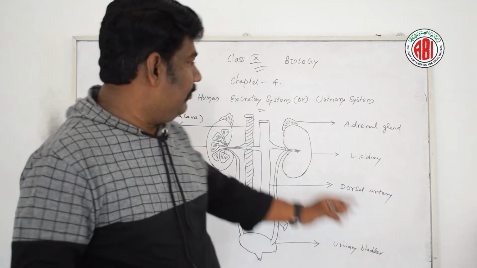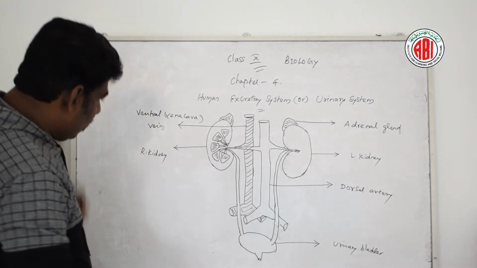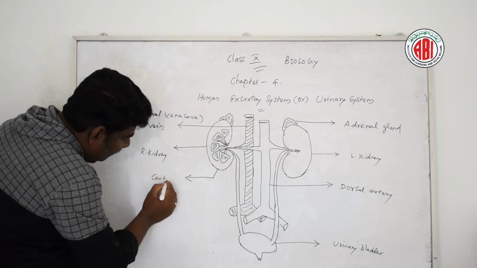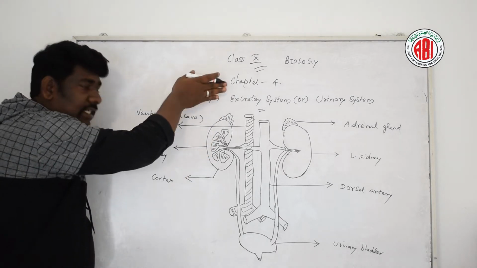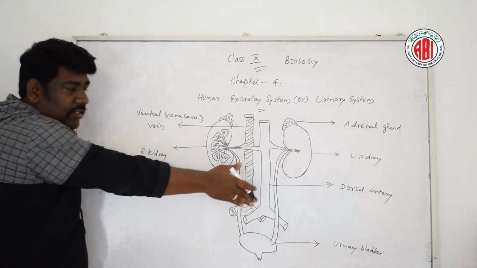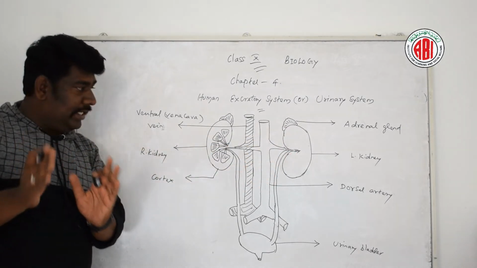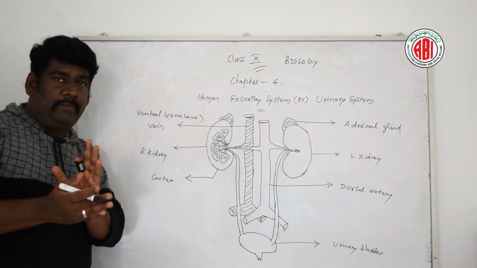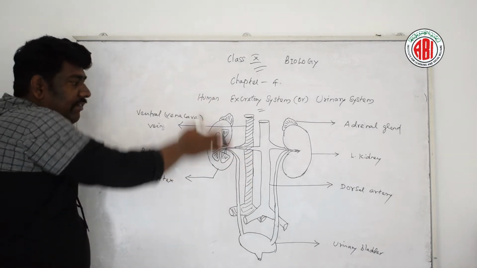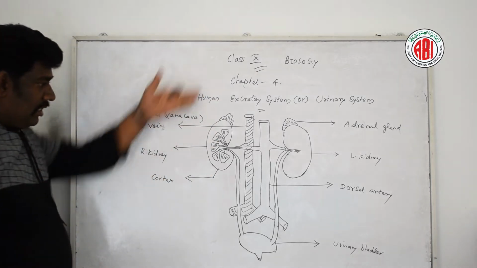Now I am going to mention the cortex, which is on the outer surface. This structure is shown in longitudinal section, whereas in the other kidney the whole body of the kidney is visible, while here only half of the kidney is visible, like a longitudinal or vertical section.